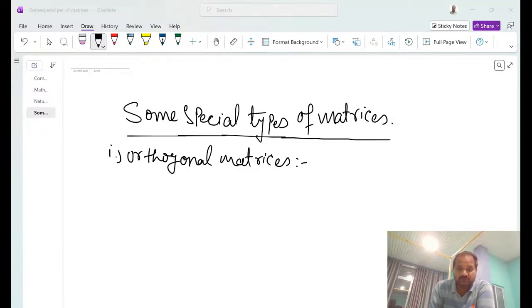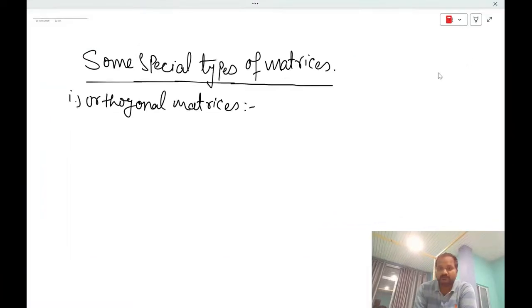So now we are just continuing. We are taking it into the full screen. So the orthogonal matrices. What are the orthogonal matrices?